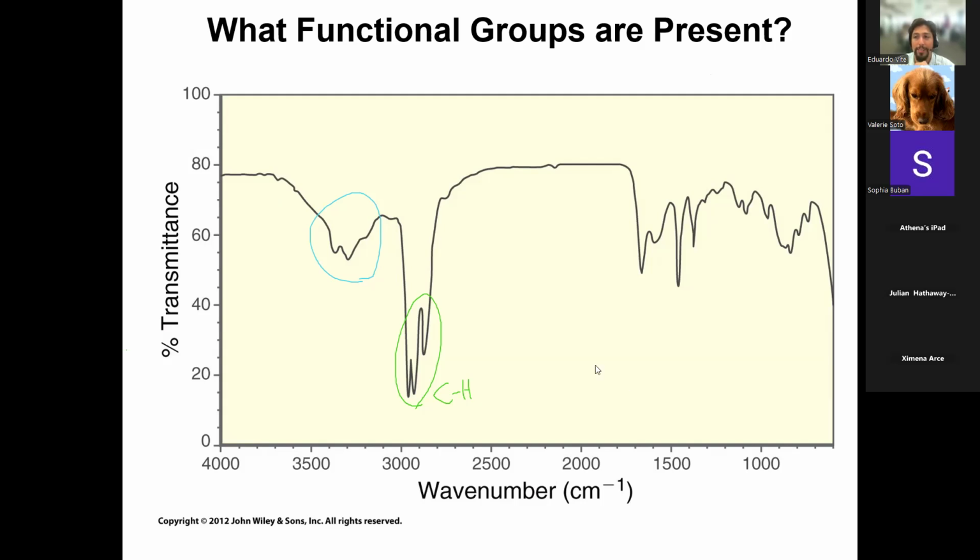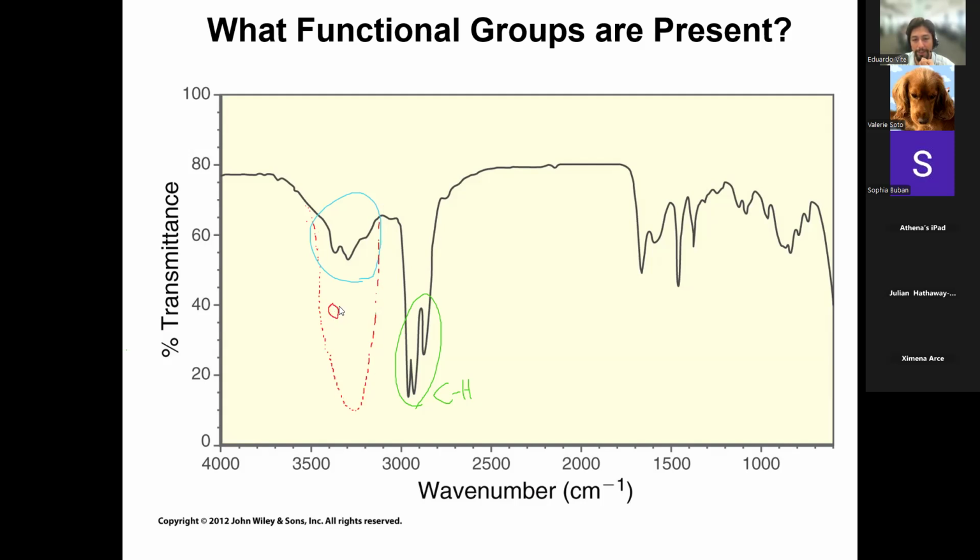Well, if you don't know, maybe you can ask what it isn't, right? If this was an OH, would you see both of those peaks? If this was an OH, you would see something that is very strong and somewhat broad between 32 and 33, just like we did in our previous examples, right?